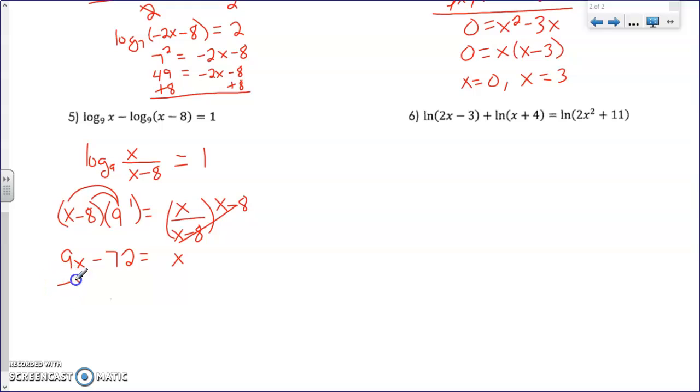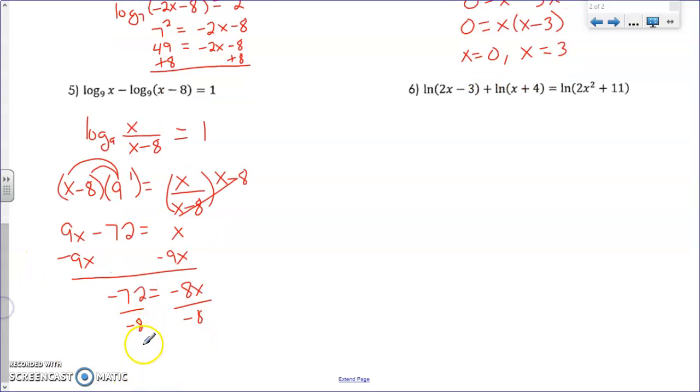We can subtract 9x from both sides. You get negative 72 equals negative 8x. Divide by negative 8. So 9 equals x. Again, I can plug that back in and check it out.